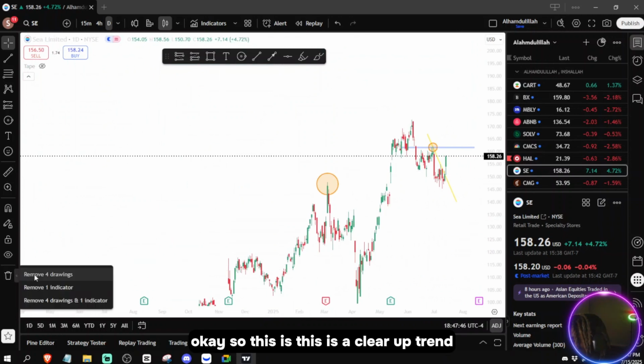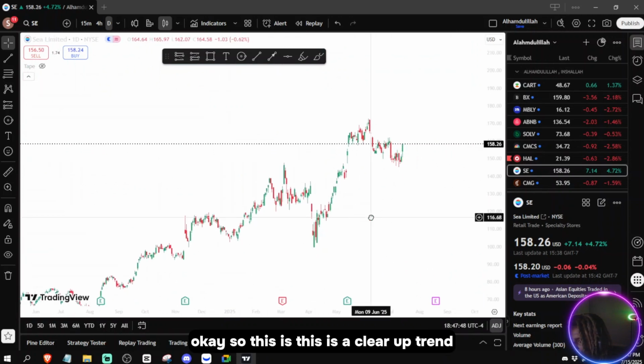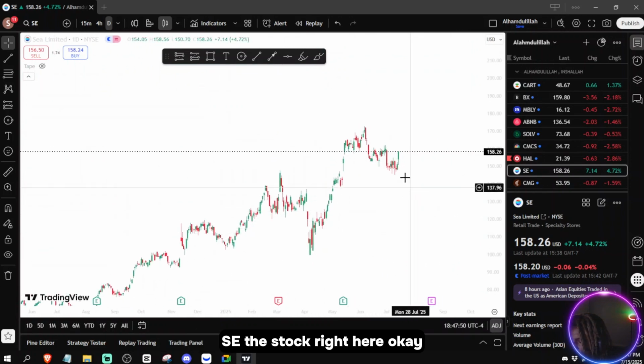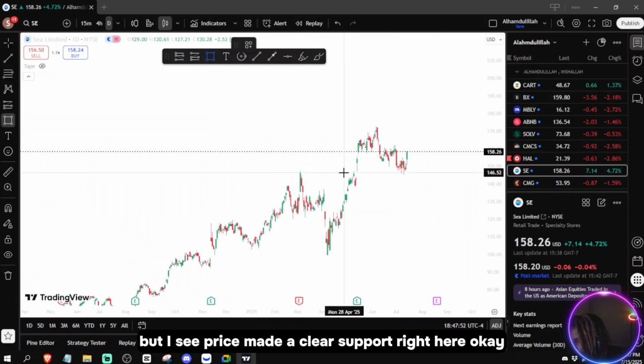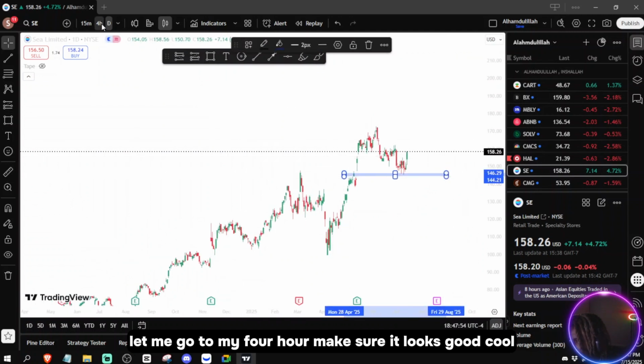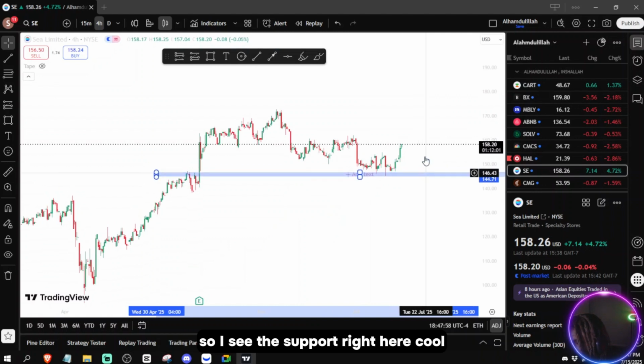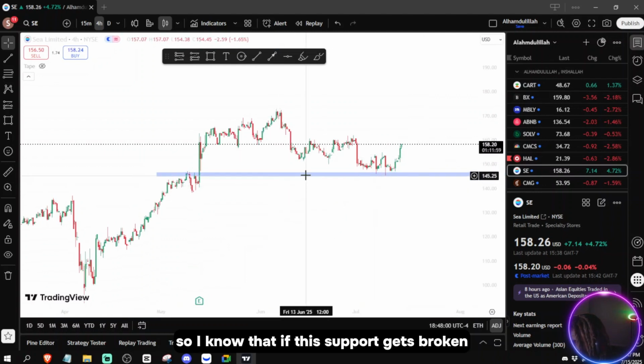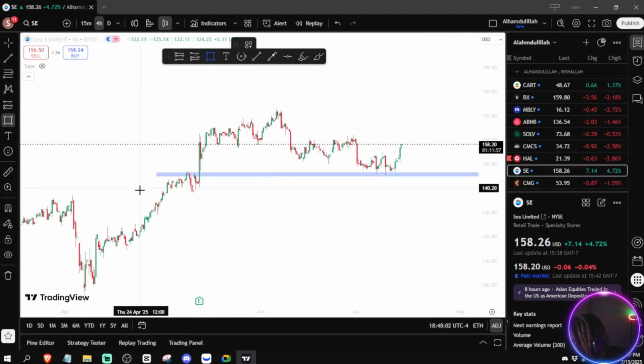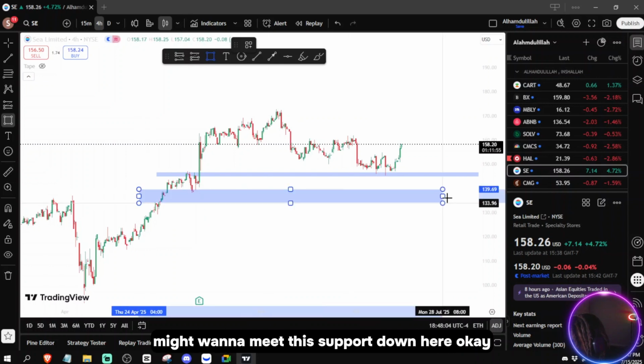Okay. So this is a clear uptrend, SE, the stock right here. Okay. But I see price made a clear support right here. Okay. Let me go to my 4-hour, make sure it looks good. Cool. So I see the support right here. Cool. So I know that if this support gets broken, price, inshallah, if God wills, might want to meet this support down here.